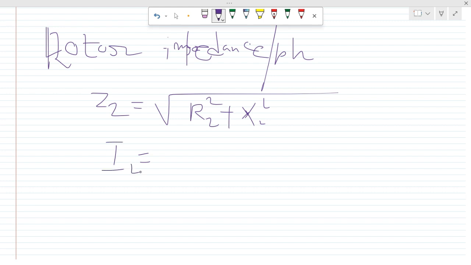Now I'm going to find I2, the rotor current per phase. The current is E2 by Z2. As we all know from circuit theory, the induced EMF is current into impedance, or impedance Z is equal to induced EMF by current.